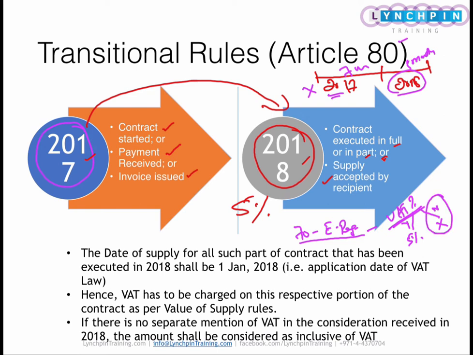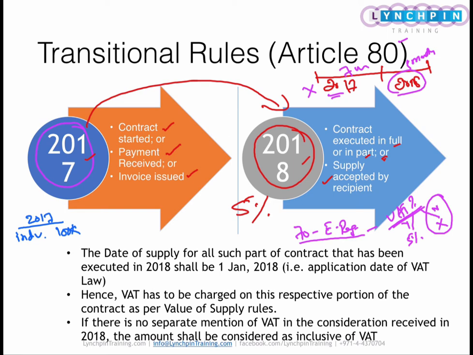I'll simply give you an example here. Let's say that I have a contract in 2017 and I'm selling to an individual. Now the individual will not be able to claim the input VAT. The price I agreed with him was 100,000, and either he has paid me the amount or I have issued him an invoice and we have entered into the contract.